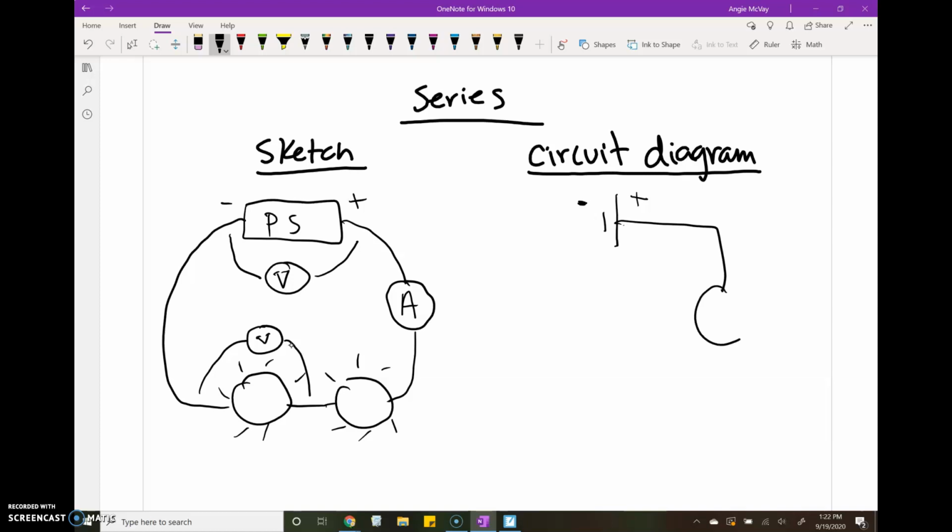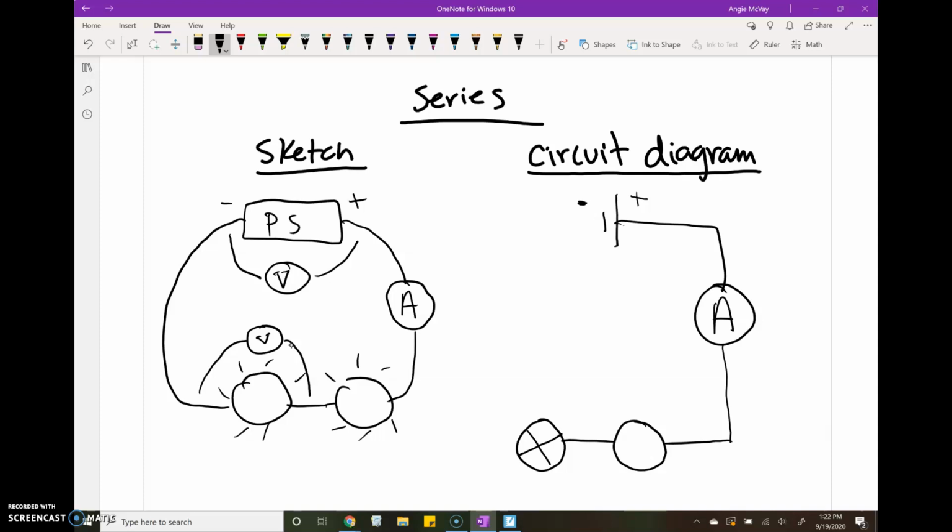And then I have my ammeter. This circle with an A in it is the official abbreviation for ammeter, the thing that measures current. Okay, and then typically light bulbs have X's in them.